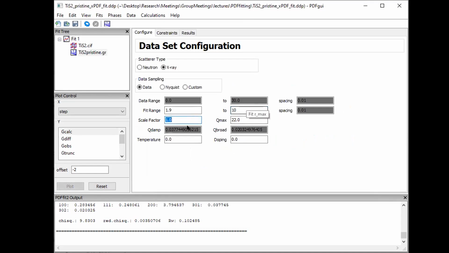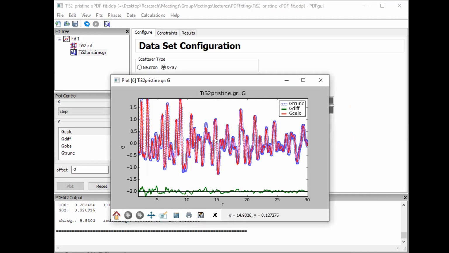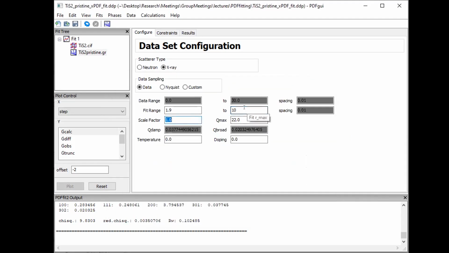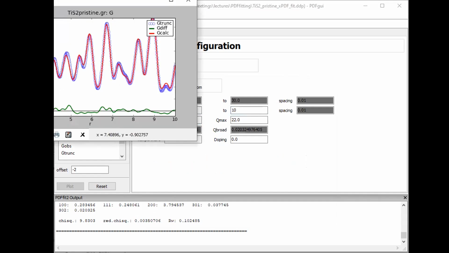That range from 1.9 to 30 is about the average structure range. If you want to focus on the local, you can define 1.9 to 10 Angstrom, which is a kind of local region, and test if this average structure is still good enough to describe the local structure. So we change this range and we replot.